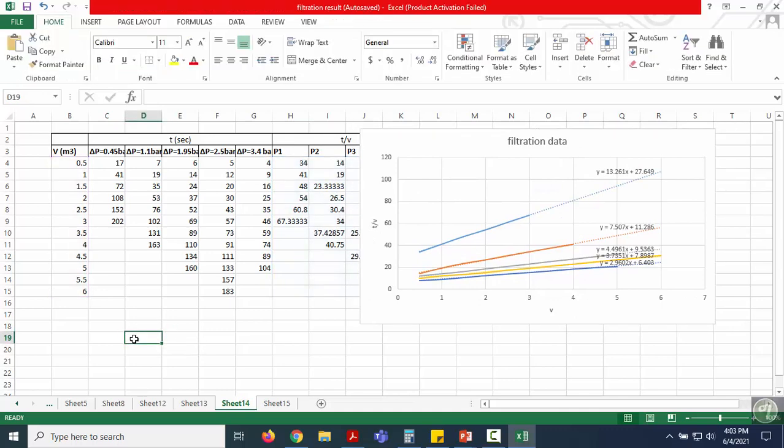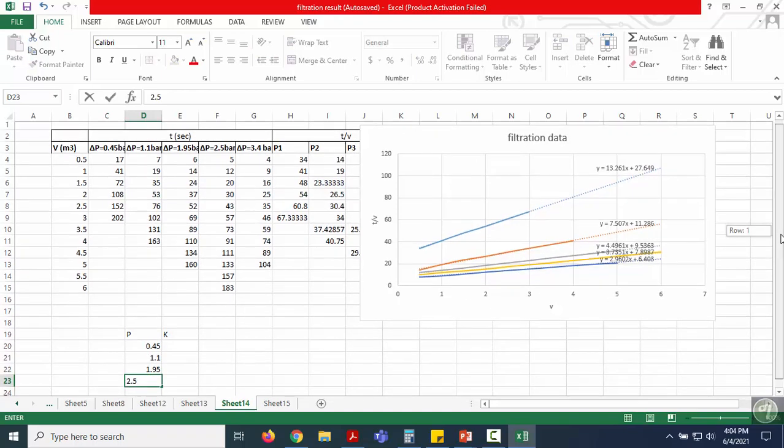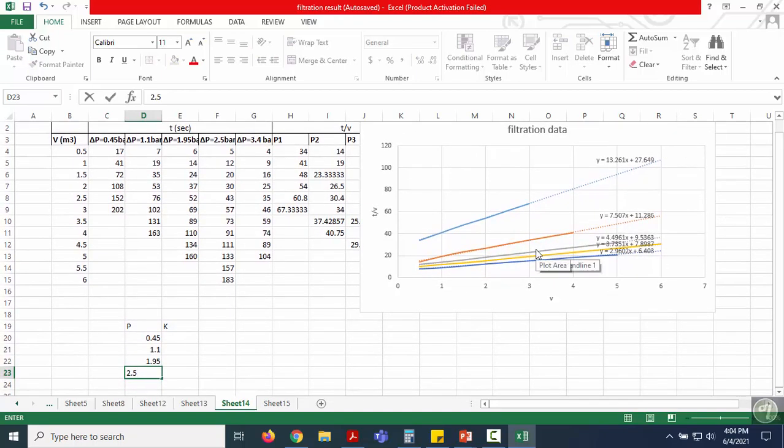When you draw P versus Kp, for example, for P, which is 0.45 bar, 1.1 bar, 1.95, 2.5, and 3.4.